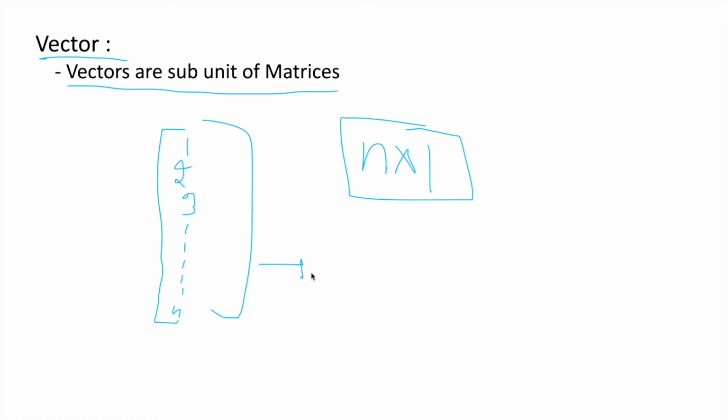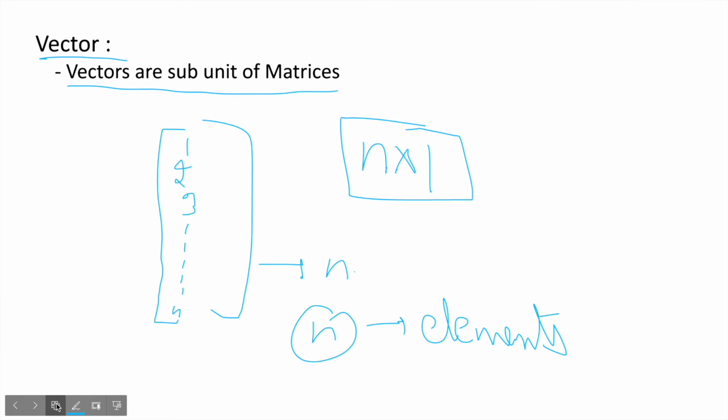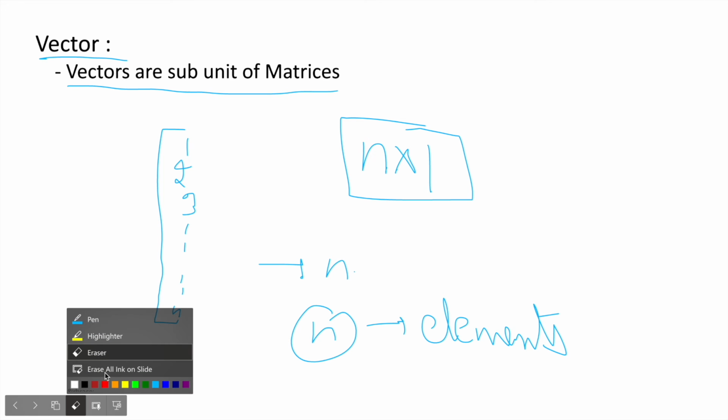So this is an n vector. So this will have n number of elements. So vectors are just 1D arrays.